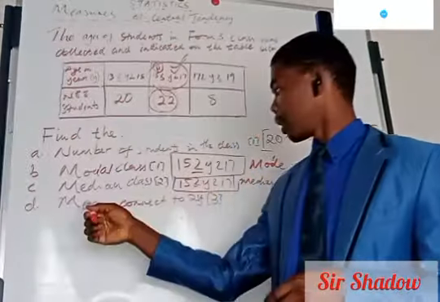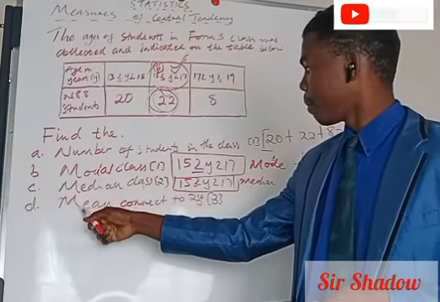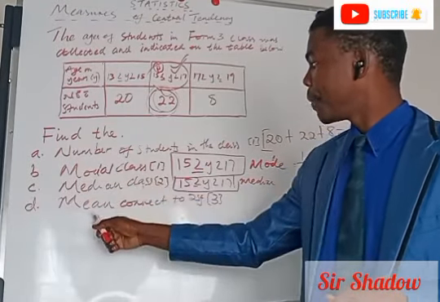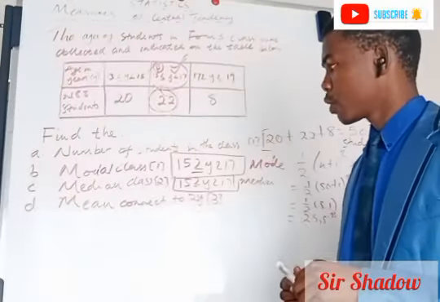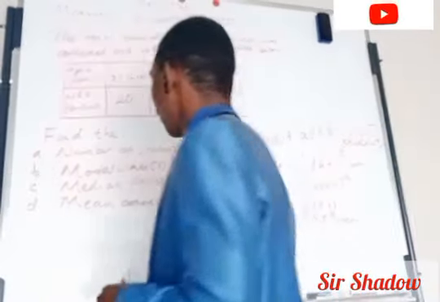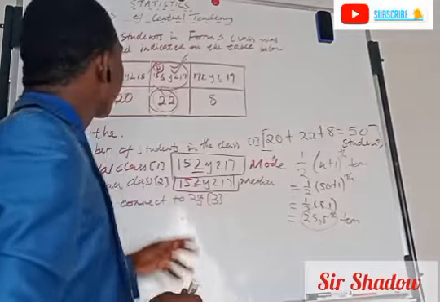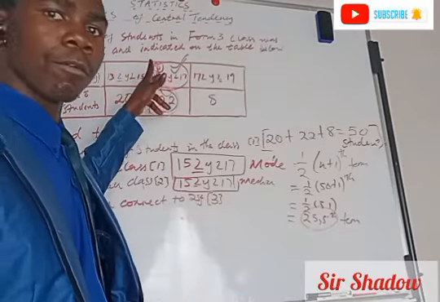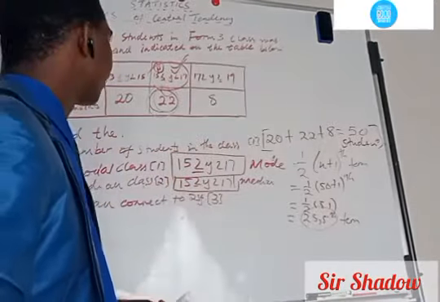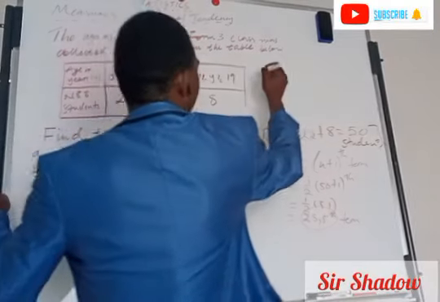Then let's move on to the last question, asking us to find the mean correct to 2 SF. So for us to find the mean, remember, the data is given in the form of grouped data like this one.